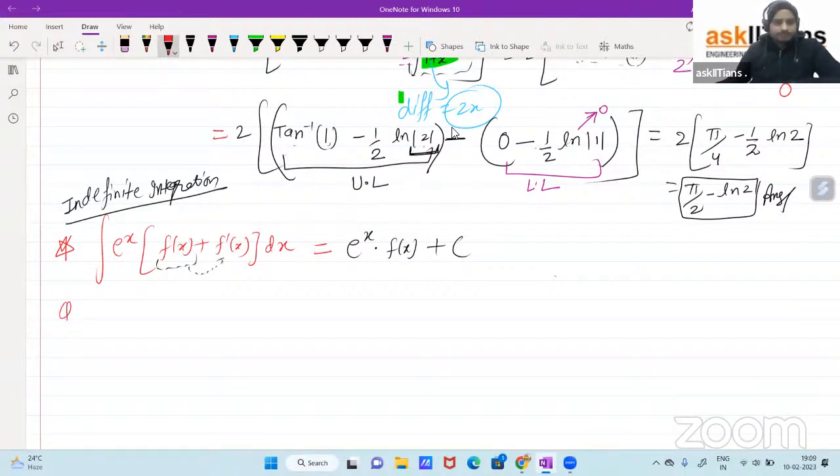Based on the same formula, this question was asked in the board exam also, this is a PYQ. Integration of e power 2x times (1 by x minus 1 by 2x square) dx.